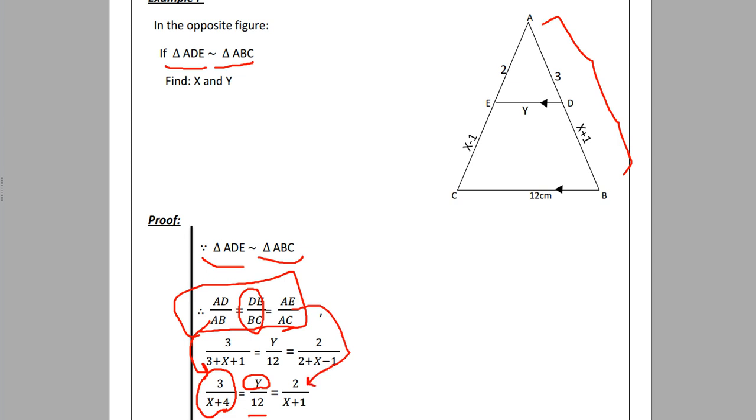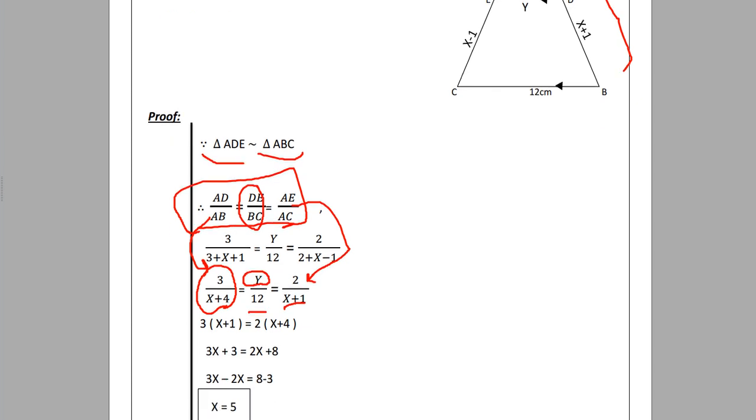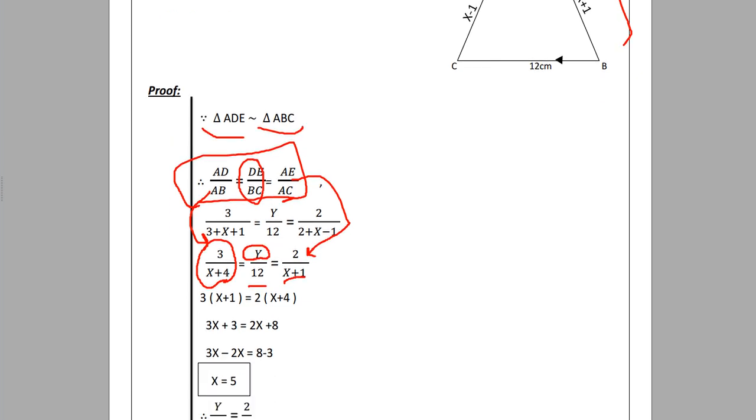So to get the value of x, we can make cross multiplication: 3 times x plus 1 equals 2 times x plus 4. So 3x plus 3 equals 2x plus 8.